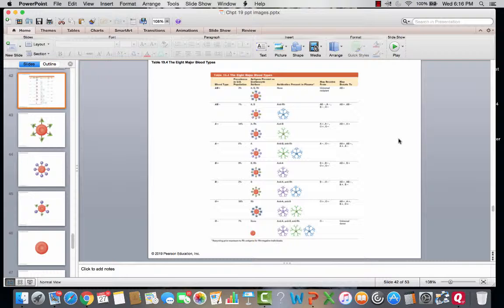The other thing to take into consideration is the fact that when we give patients blood, typically we give them only the red blood cells, and we rinse off all the antibodies and rehydrate the red blood cells in saline.